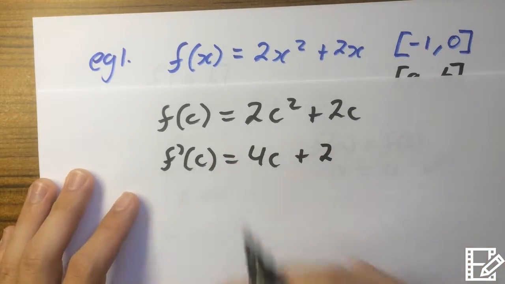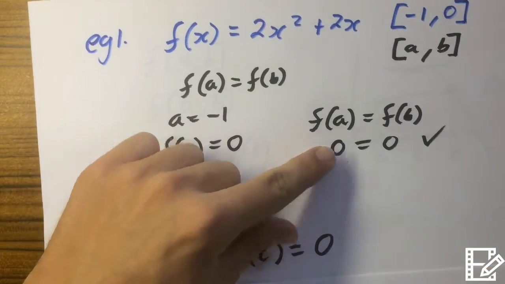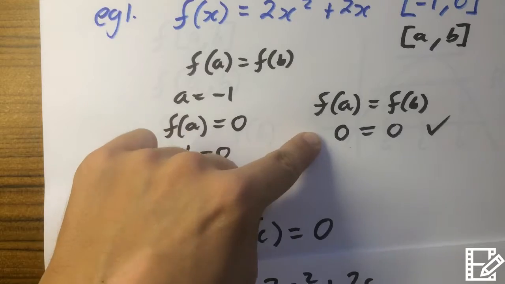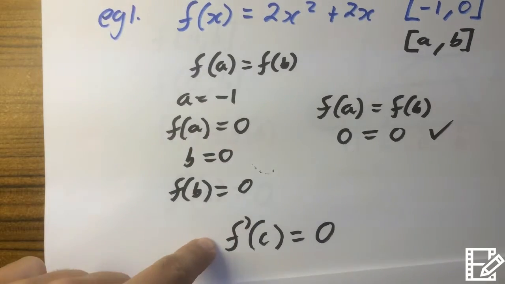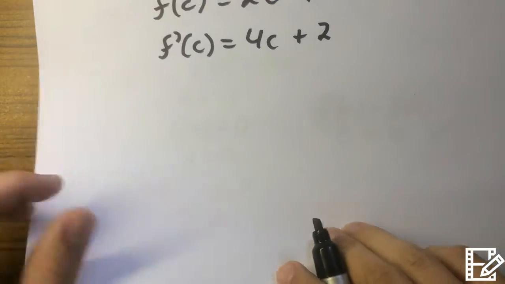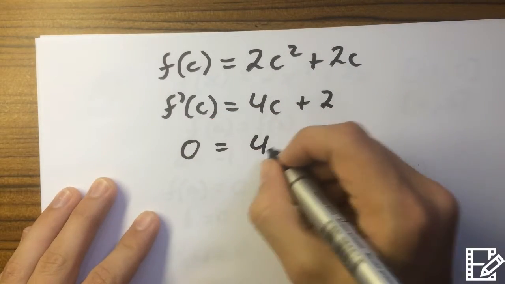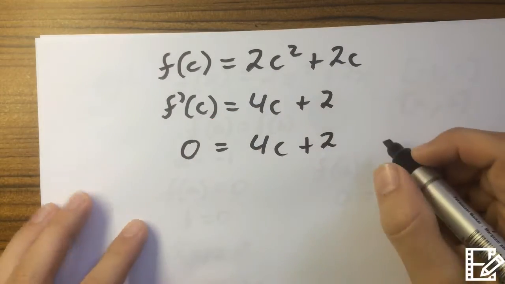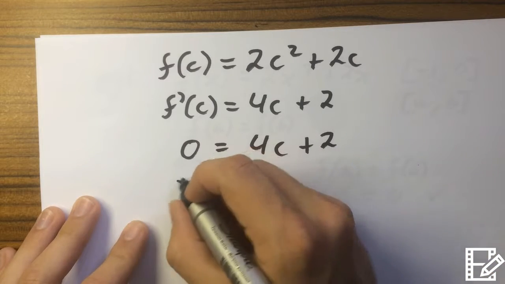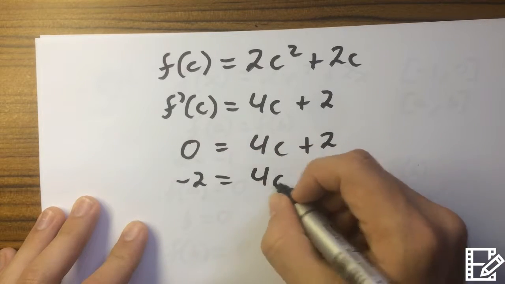Okay, and now we said when those conditions are met, which they are, which proves that we use Rolle's theorem, which is the derivative of f of c equals 0. We let this equal to 0, and that equals 4c plus 2. Subtract 2 from both sides, we get negative 2 equals 4c.